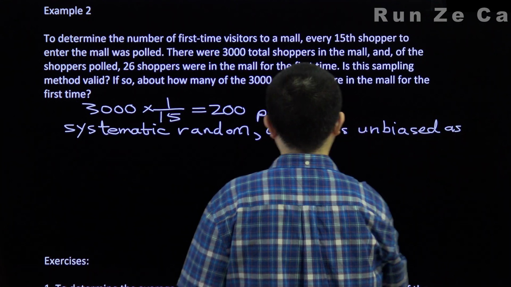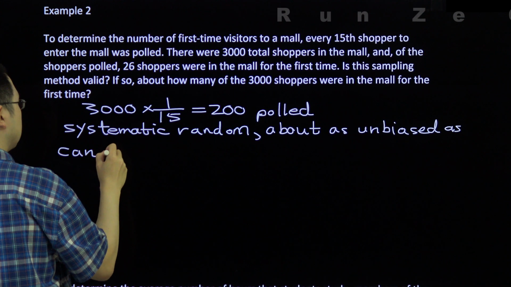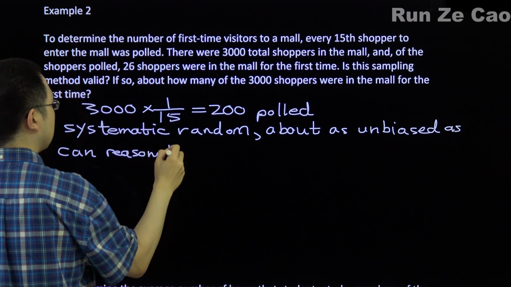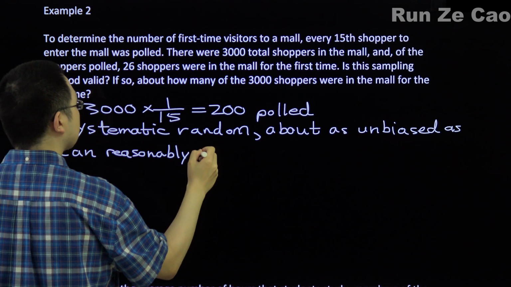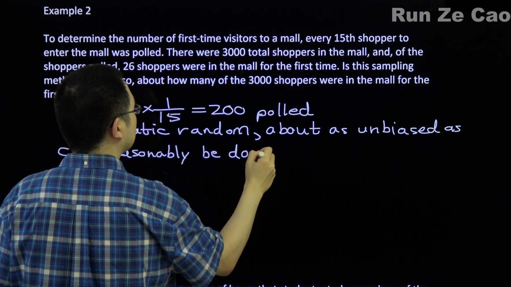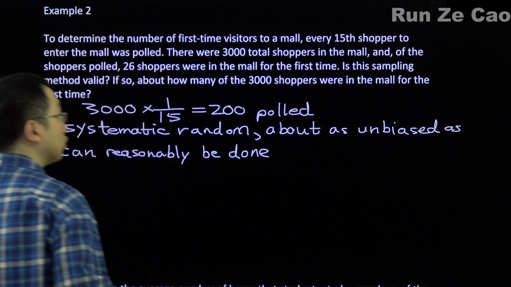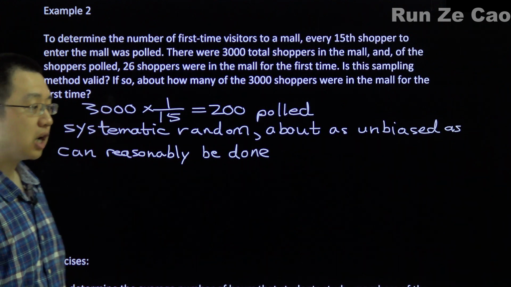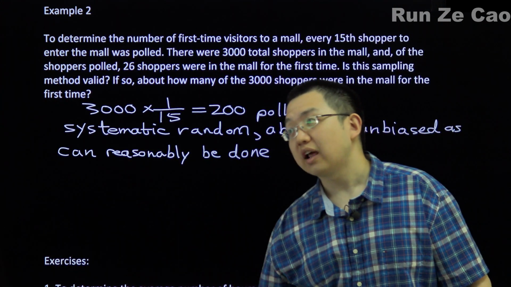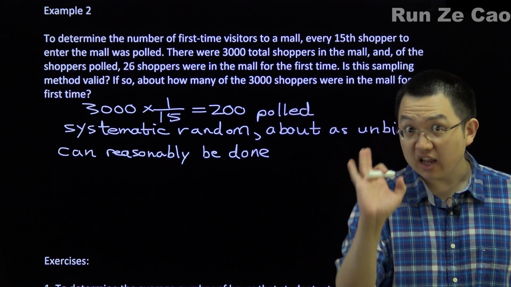As can reasonably be done on any given day. However, we're looking for the 3,000 shoppers in the mall today as our population, not the however many shoppers that are going to be in the mall throughout this week. Big difference.